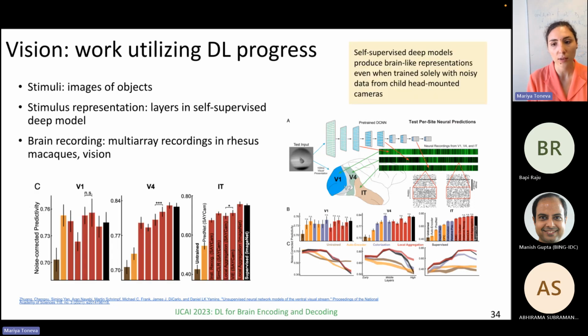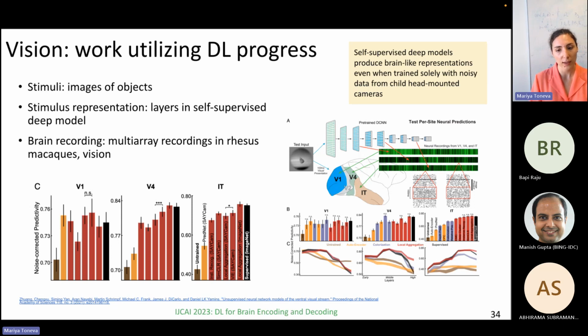Here they also show that the self-supervised models can produce brain-like representations. And the really cool part that added to previous work is that they trained these self-supervised models using only data from head-mounted cameras on children.